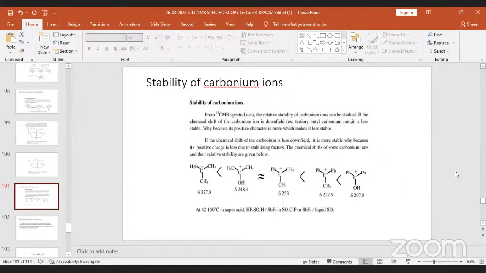So which one will be more stable? Normally, if the electron deficiency is more, it will be more reactive. More reactive means less stable. So which one is more reactive here? This is more reactive.